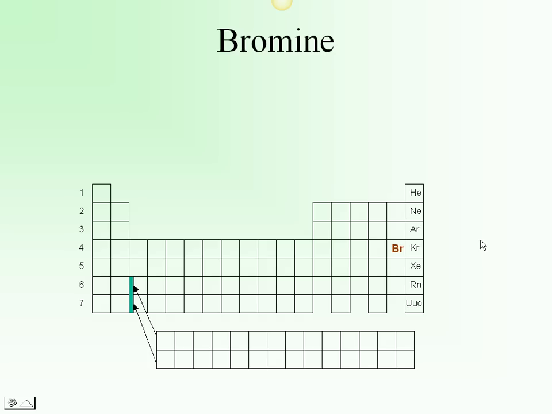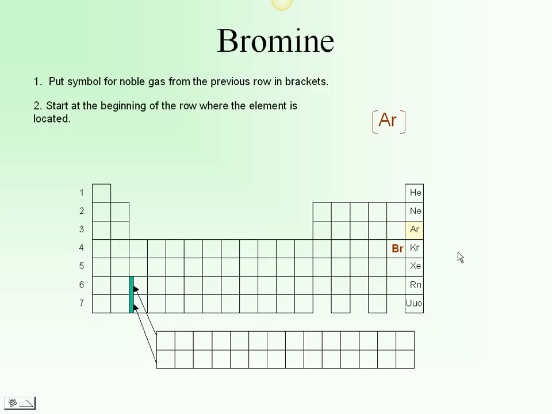Bromine, found in period 4. The previous noble gas, in brackets before it, is argon. It's in period 4, so we're going to start with 4s.